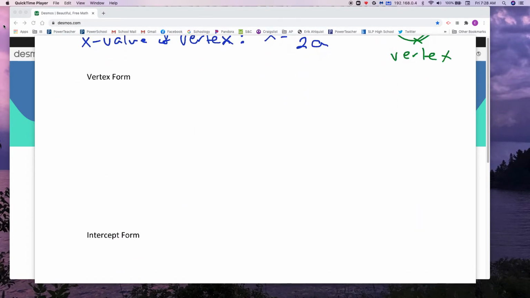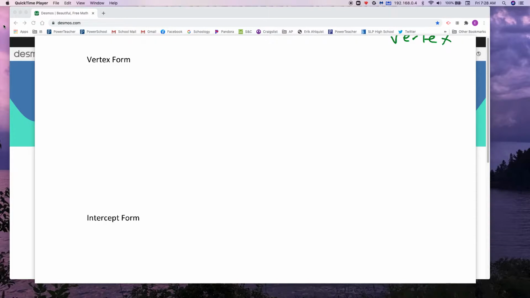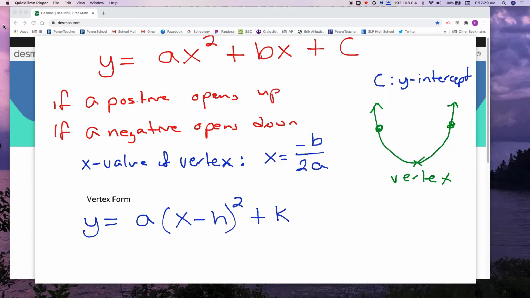On Tuesday and Thursday, we talked about vertex form. Vertex form is written a little differently. Vertex form is when you have something like this. Again, the a value on this and the a value on that one, they do the exact same thing in that they either tell you that the parabola opens up, like the one I drew in green, or it opens down if a were negative.